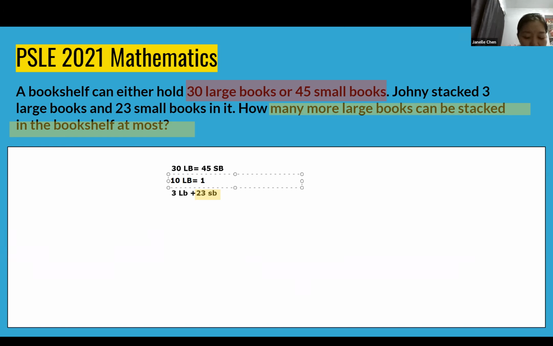I divide by 3 on the small books, I will get 15 small books. I think I can go further down. I should go by 5 instead, then I have 6 large books. No, I should go by 15. I should divide both sides by 15. I have 2 large books is to 3 small books.